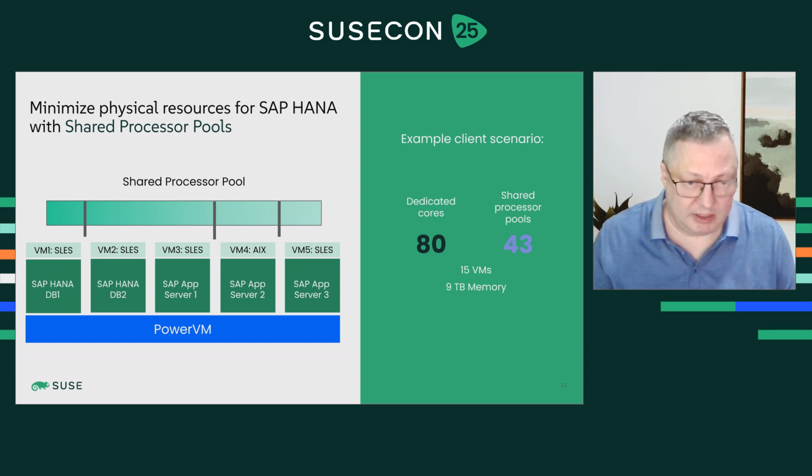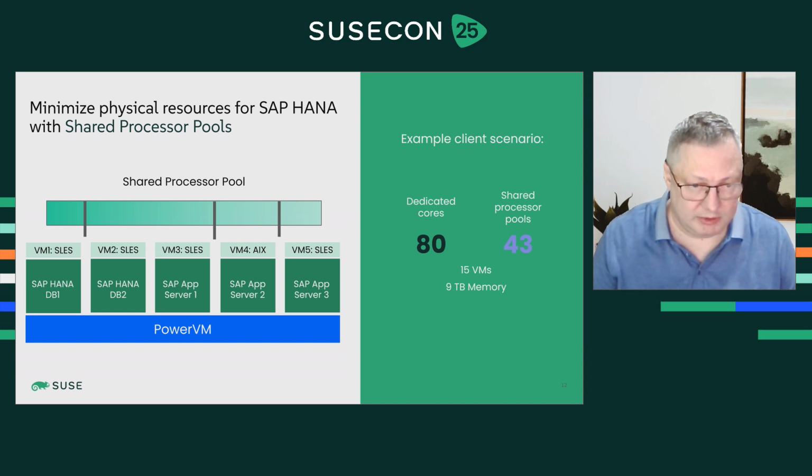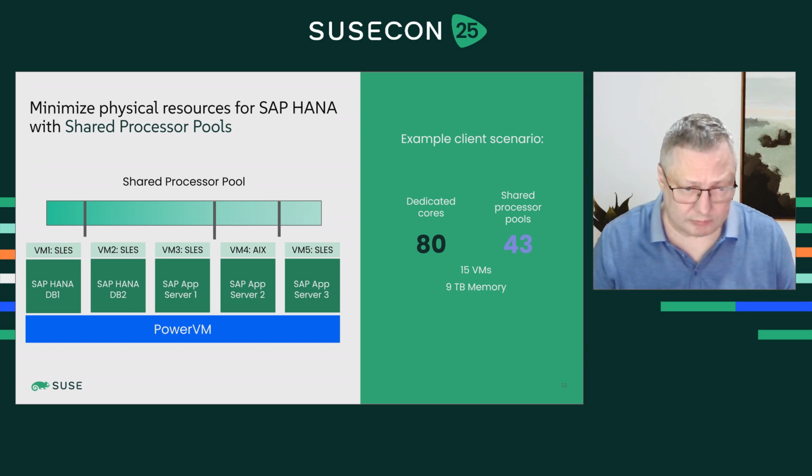You could also have IBM i partitions or Red Hat partitions or Ubuntu server partitions. And all of them virtualized by our hardware hypervisor, which is called PowerVM, which is entirely implemented in hardware with a very thin layer of control software.